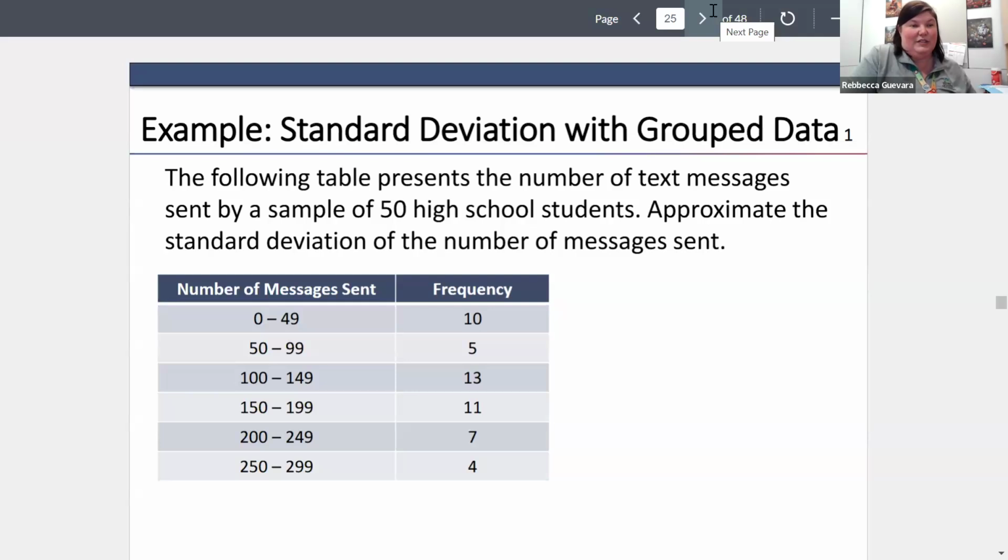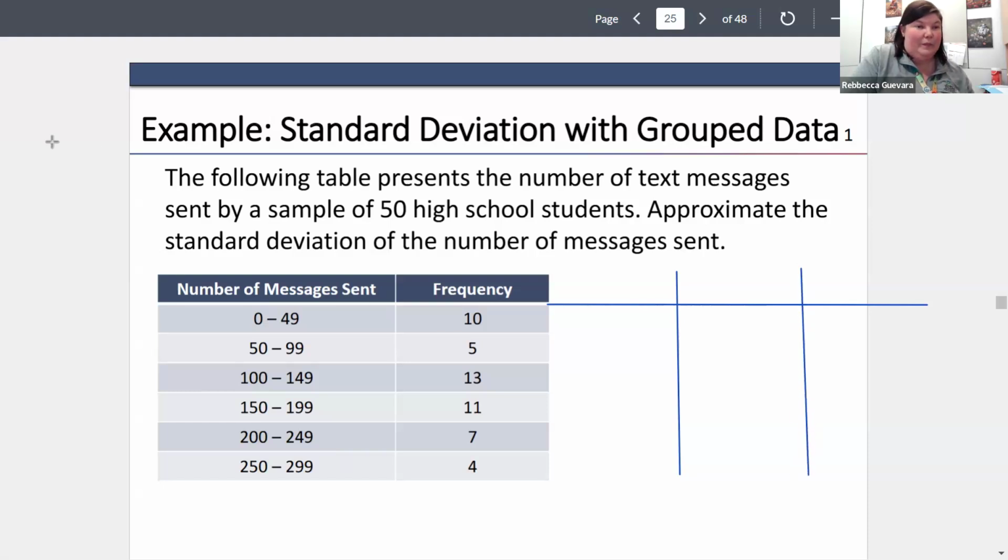So once again, with this data, we'd found all the midpoints already. Let's make a little room for a few things that we're going to need here. Like I said, we already had the midpoints.